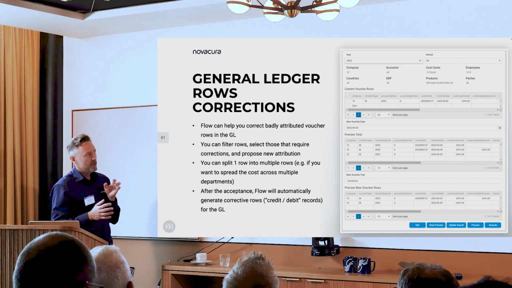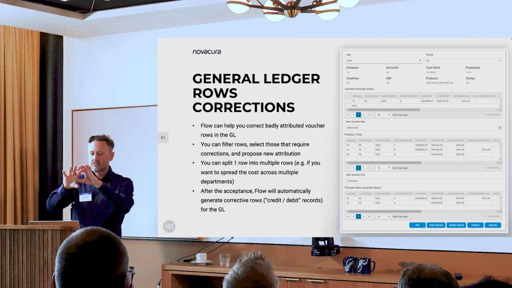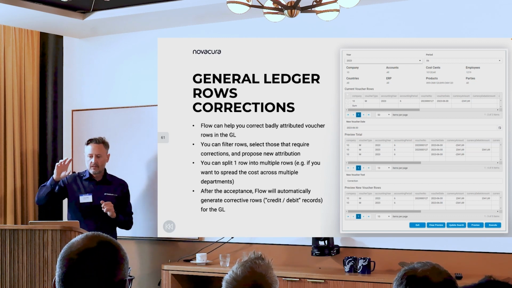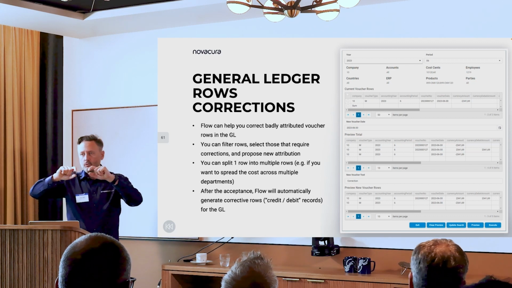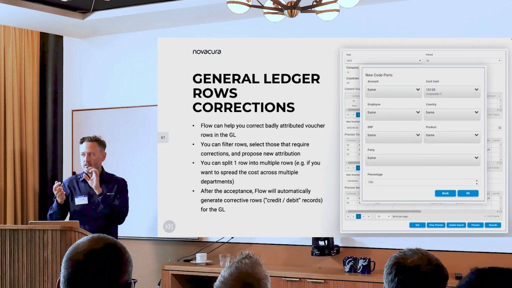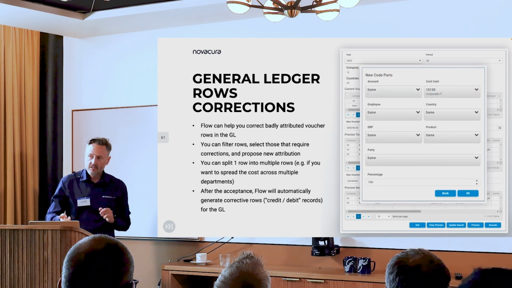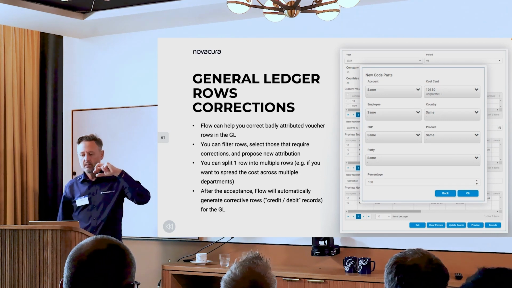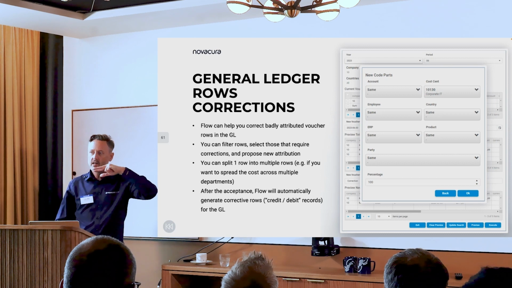With Novacura Flow, you can filter these rows, these transactions in the general ledger, and then you select what you want to change. You change particular attributes and apply the changes, and Novacura Flow will automatically create additional rows that do the corrective actions.